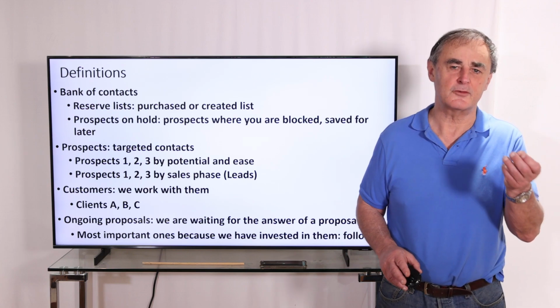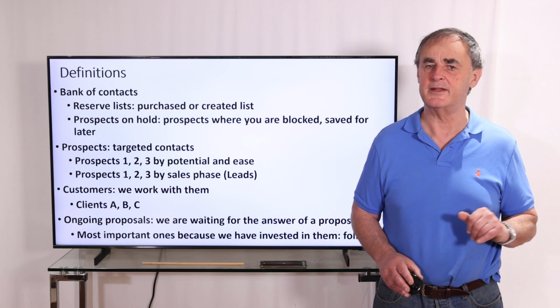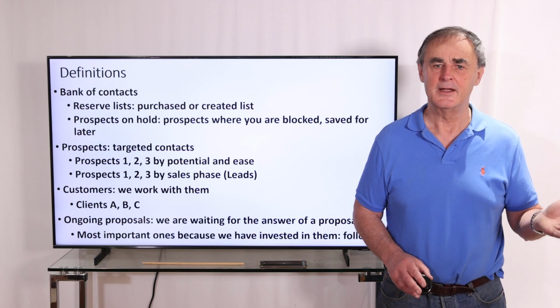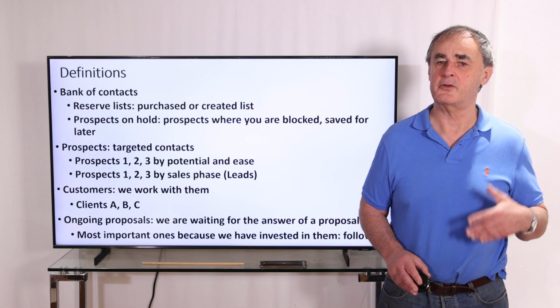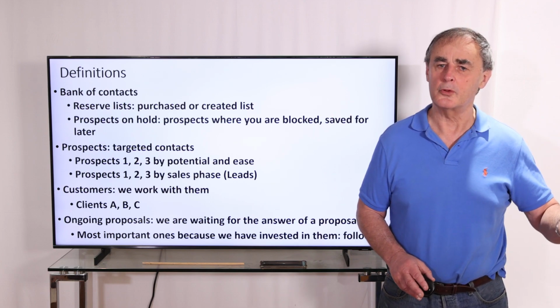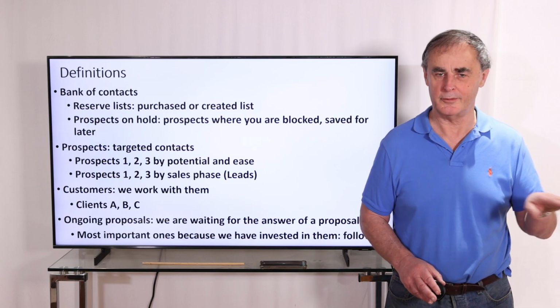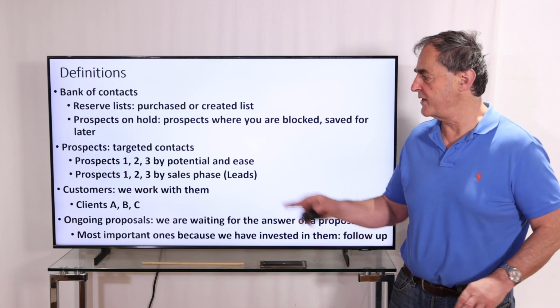That means prospects that you tried to get in, but you were blocked, so they decided to put it on ice, and 6 months or 1 year later, perhaps you can get in. You don't want to hit your head against this prospect where you can't enter. You decide you don't want to delete it because it's an important prospect, but you want to put it on hold. So basically, the banks of contacts comprise these two.